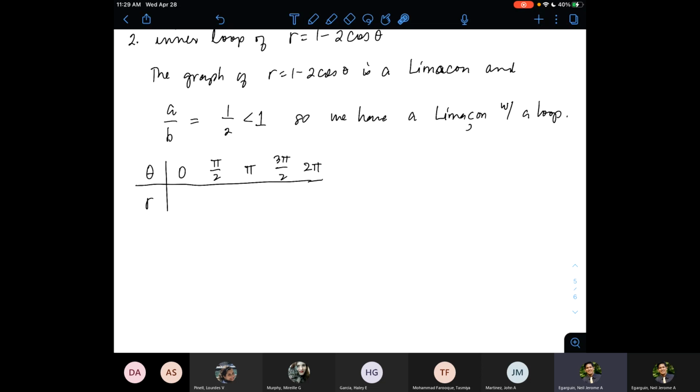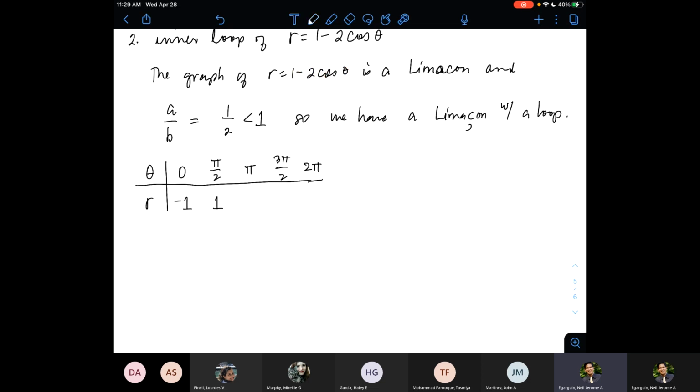So when theta is 0, cosine of 0 is 1, so 1 minus 2, that's going to be -1, okay? When theta is pi over 2, this would be 0, so we'll have 1. When theta is pi, this would be -1 times -2, that's going to be 2. 1 plus 2, so it's going to be 3.